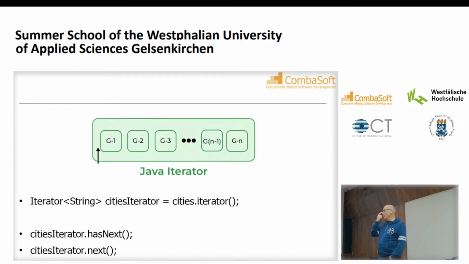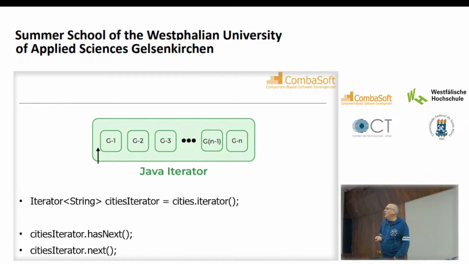Okay, let's look at how it works. You have some objects. Here they are ordered. We don't know how they are ordered, because we don't know the structure which is behind it. It could be a set, array, it could be a tree set, we don't know.